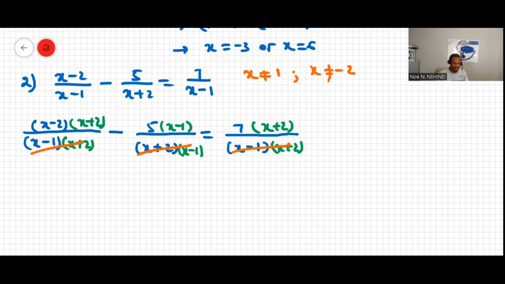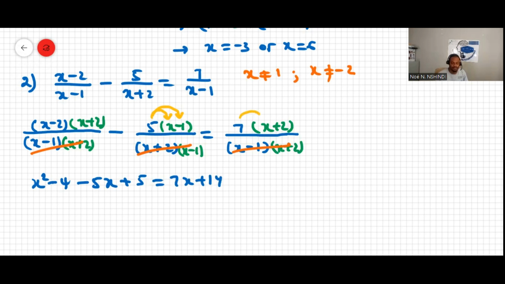So this will be x squared minus 2 squared, which is 4, minus, now we need to take into account this negative sign. So now if I do 5 times x and then 5 times negative 1, I must look at this negative. Actually, I do negative 5 times x, which is negative 5x, and negative 5 times negative 1 makes positive 5, equal to 7x plus 14. Same thing I did here also.